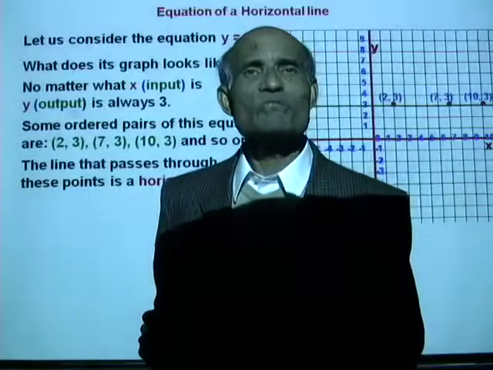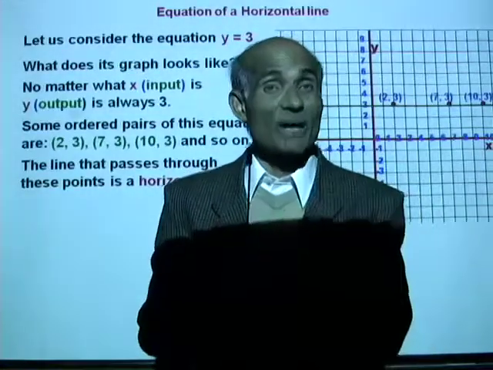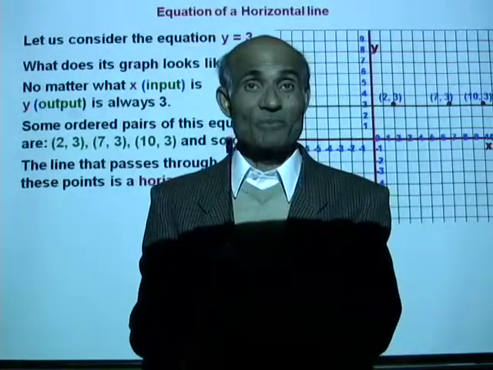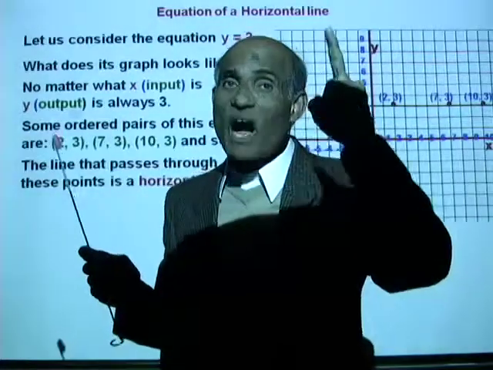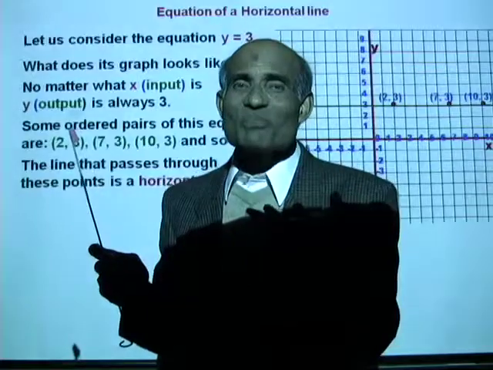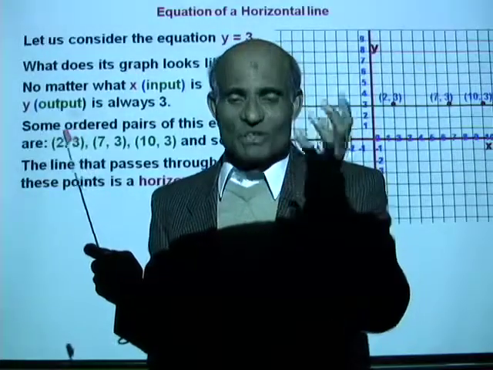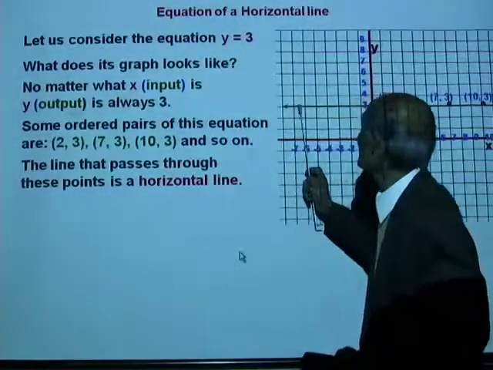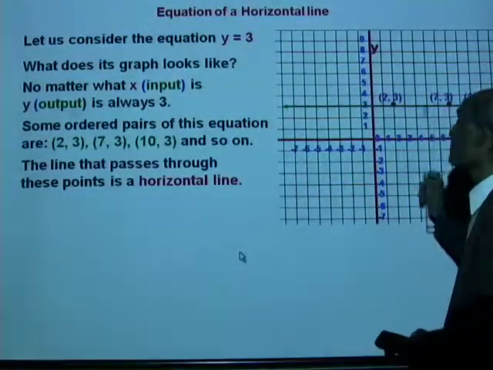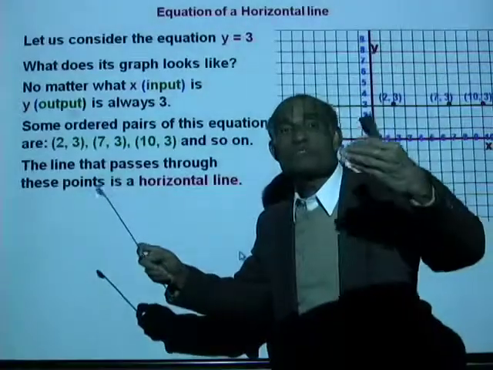Tell me, what is the slope of a horizontal line? Well, knowing that slope is the rate of change of the output with respect to the input, the change in the output divided by the change in the input, here, if you notice, there is no change in the output. So the change in the output is 0.